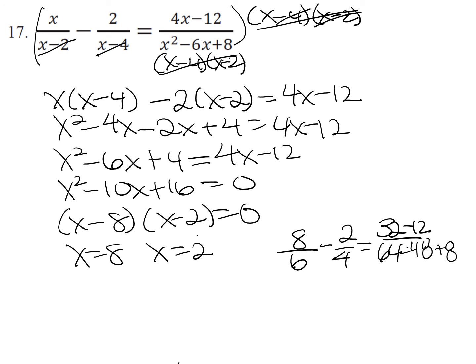Okay, so this would be a 1/2, and that would be, okay, so I'm going to reduce that. 8 over 6 is 4 over 3 minus 1 over 2 equals 32 minus 12 is 20. 64 minus 48.